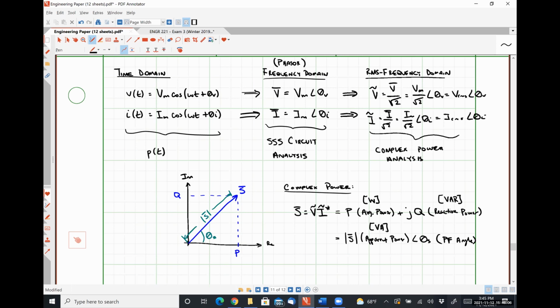So the RMS frequency domain lets you use your DC relationships because it's using those effective values, which is the DC representation of that AC signal. So you get to throw away that pesky factor of 1/2 that kept popping up all over the place because we were multiplying cosine functions together.